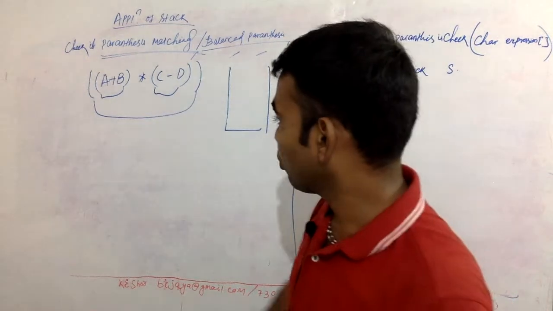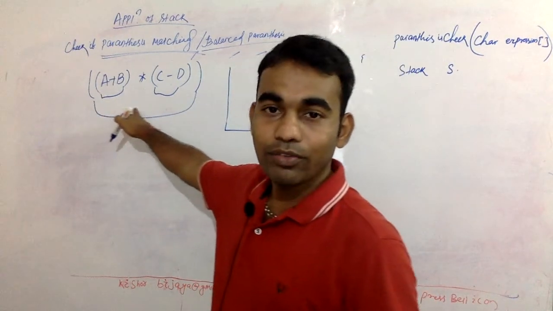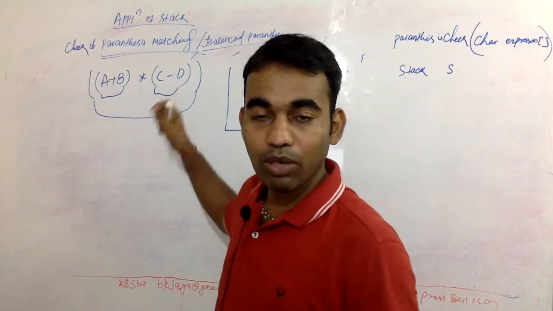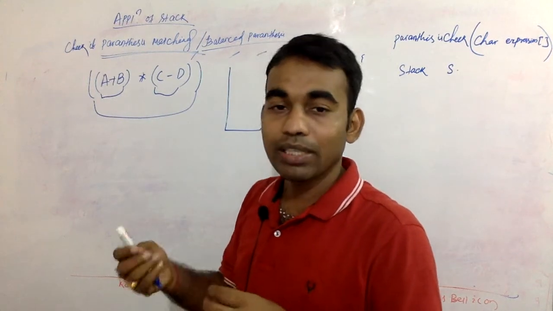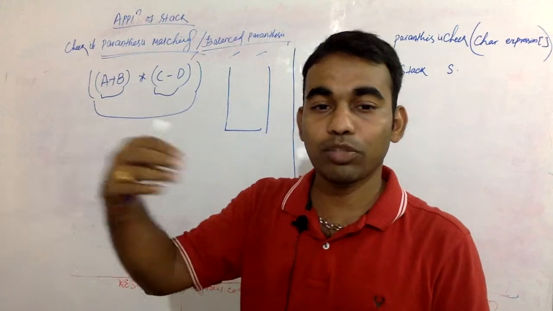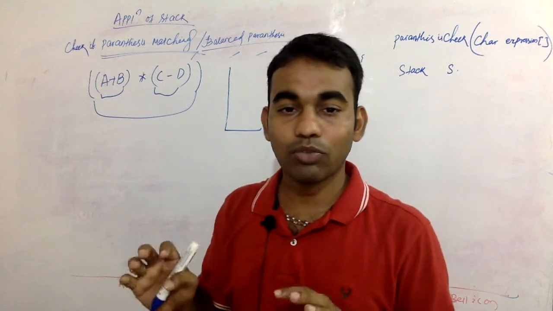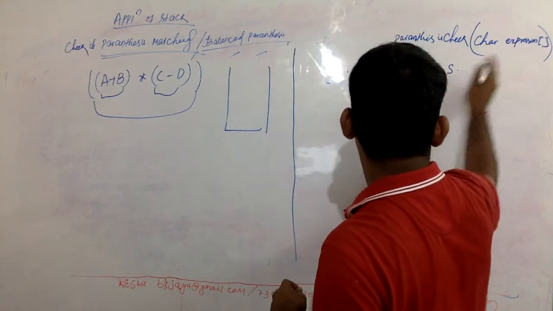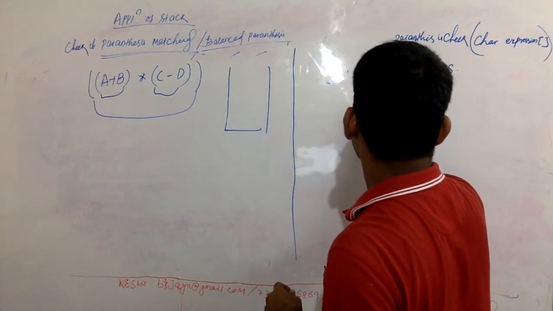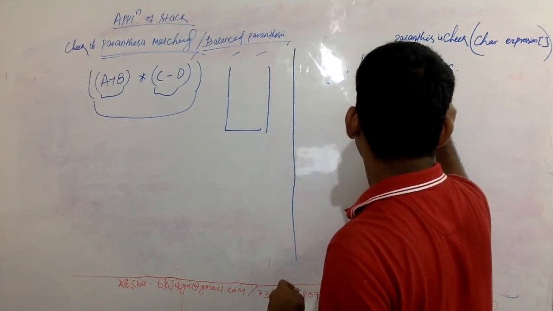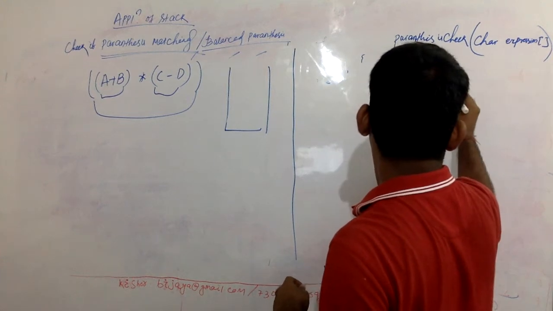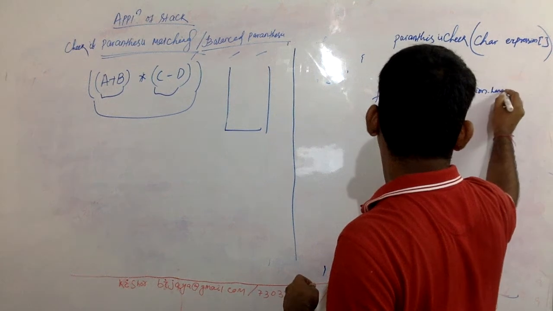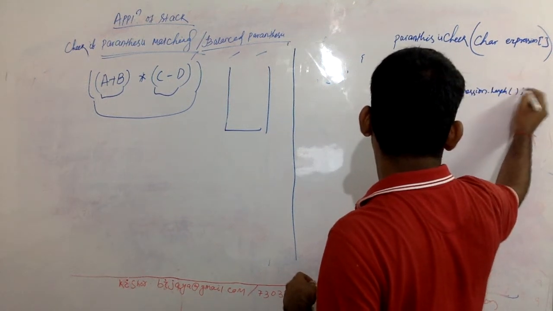So what I need to do, I need to scan each and every element one by one. I need to scan this expression element by element. Then if it is a left parenthesis, just push it into the stack. So that's what I need to do, right? So I will add a for loop here, for I equal to 0, I less than expression dot length, I plus plus.